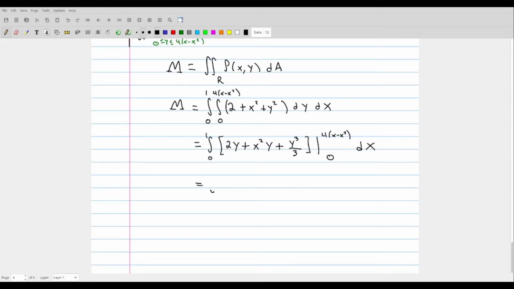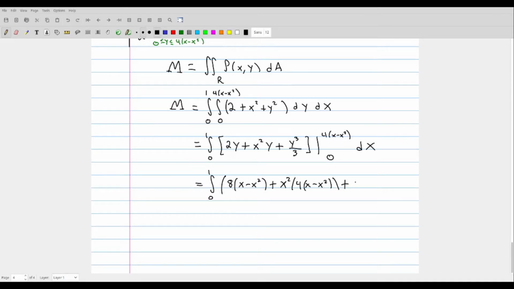So applying the fundamental theorem of calculus here and then plugging in our upper bound and our lower bound. The lower bound is going to be 0, so we don't have to worry about that. And the upper bound is going to be 2. We plug in, we'll get 2 times 4, or 8, times x minus x squared, plus x squared times 4x minus x squared.